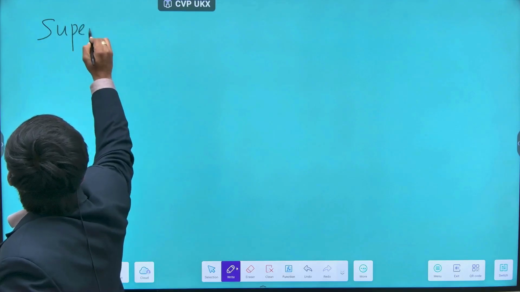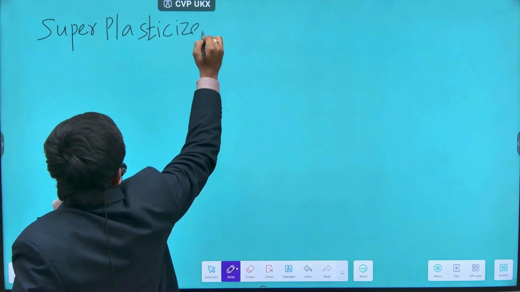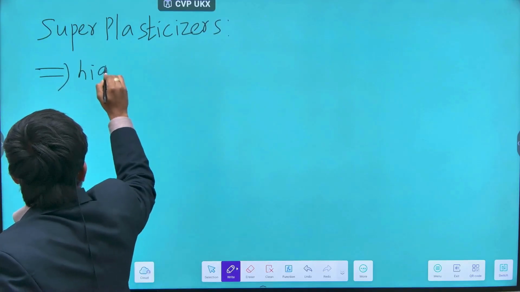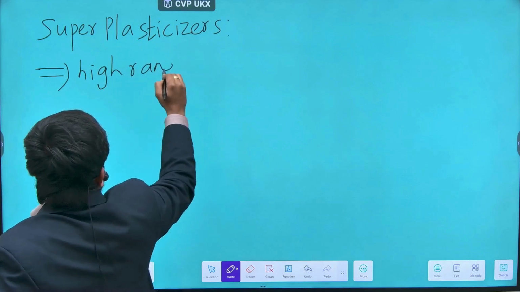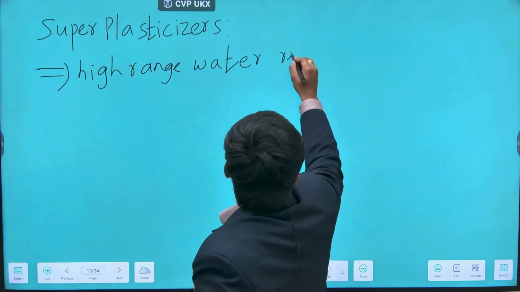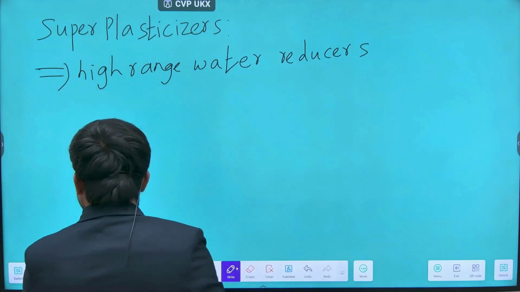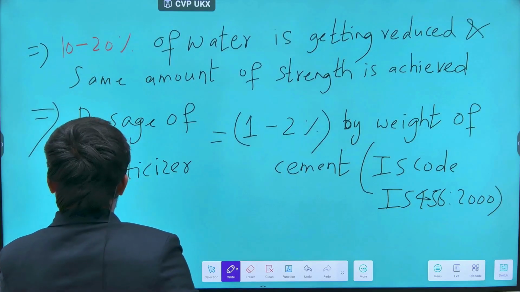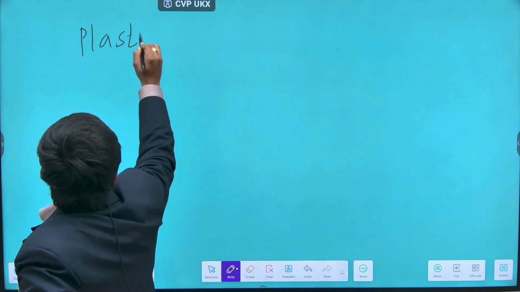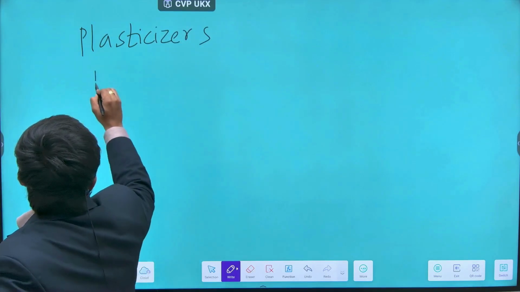Now the other, super plasticizers. These are called high range water reducers. Okay, what are the plasticizers available actually? What are the basic plasticizers available in the market?